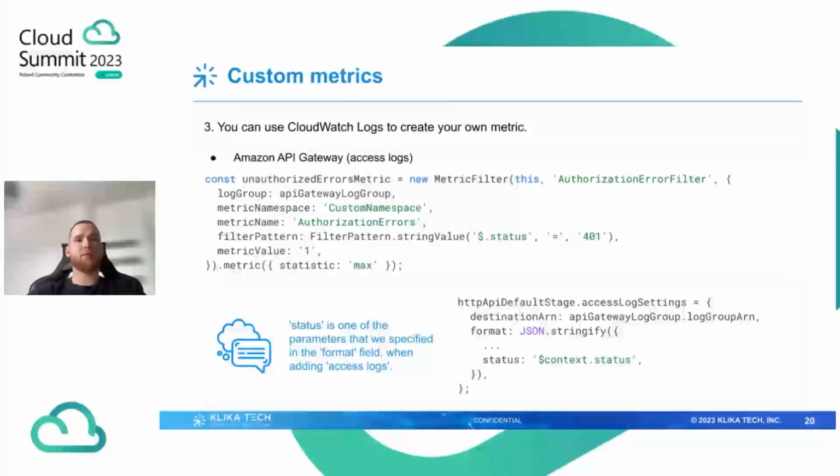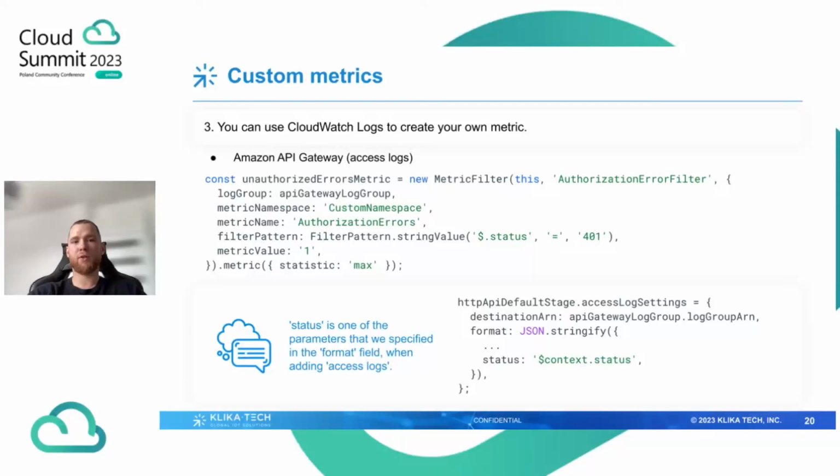The third way is to use filter pattern and CloudWatch logs to create your own metric. Do you remember the example from the previous section, where we have enabled access logs for API Gateway, and how we provided status parameter to the format fields in these logs? On the bottom, I have a small reminder of how it was defined. And now, after specifying our access logs format, we can leverage any parameter from it.